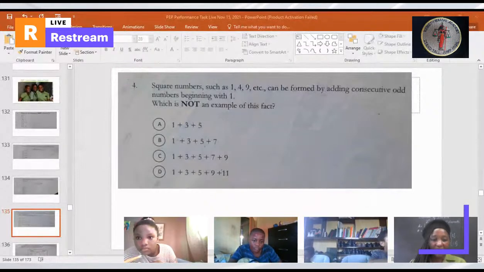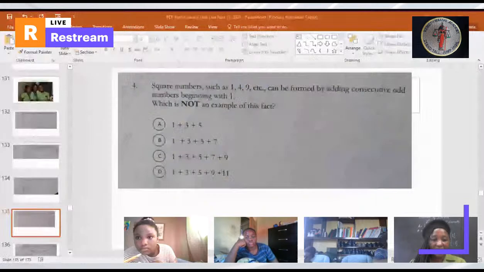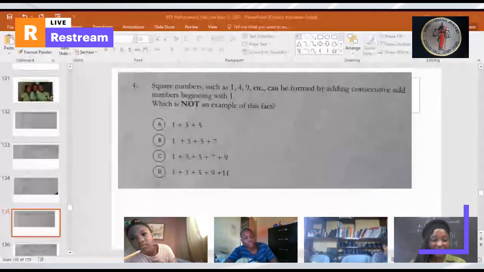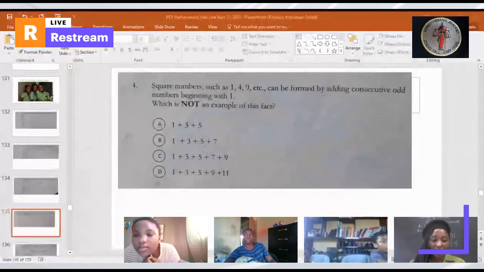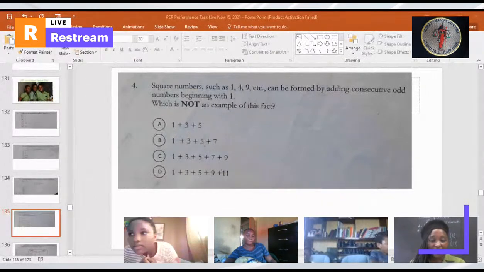If we add the ones in B, we get 16, which is a square number as well. And if we add in C, we get 25, which is also a square number. So D is the only one that does not add up to give a square number. Also, there's an odd number missing from it.